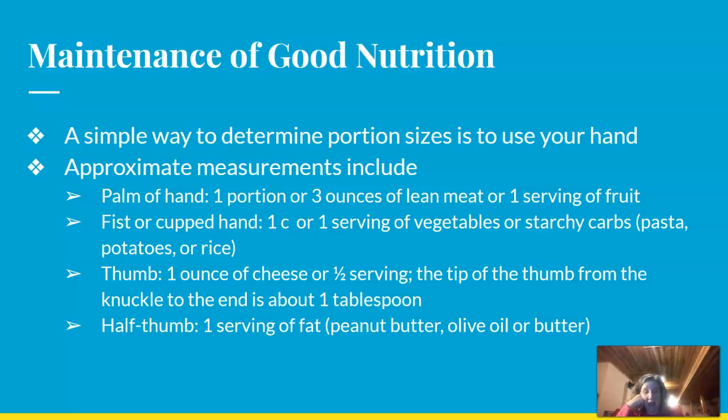So if you put butter on your toast, or maybe your rice, or I don't use a lot of butter. I don't know what else you would put butter on. A lot of things. That's how much you would want to use, or if you have a peanut butter and jelly sandwich, it would just be half your thumb, which really isn't too much if you think about it for most people.